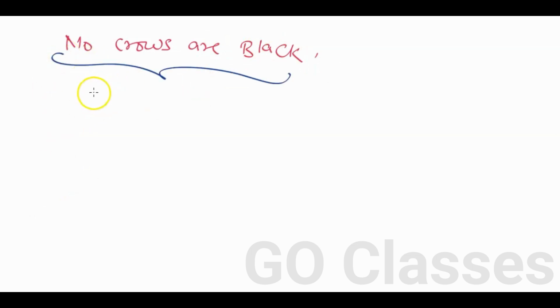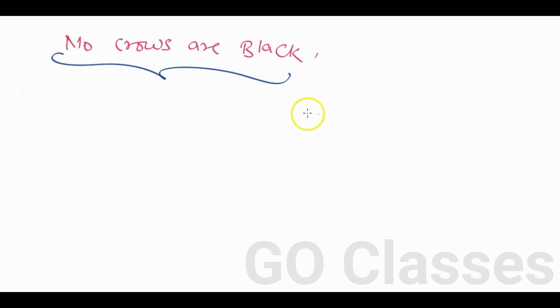For example, no crows are black. Okay, what does this mean? No crows are black means there does not exist any crow which is black.